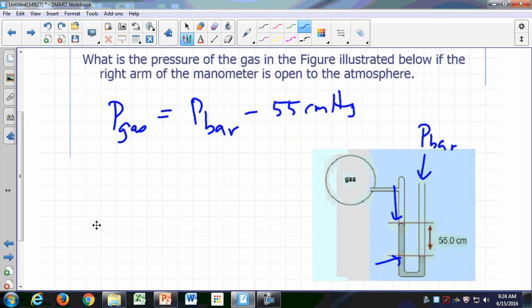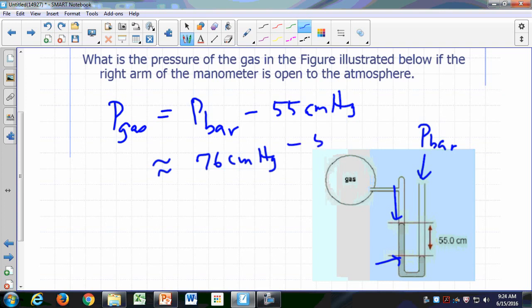Do we know what the barometric pressure is? We don't, but we can approximate it. If you want an approximation here, what's a barometric pressure typically? 760 millimeters of mercury, right? So in centimeters, that would be 76 centimeters of mercury. If it's not given to you, but you know that you're exposed to the atmosphere, then you can estimate the barometric pressure to be about 1 atmosphere, or 76 centimeters of mercury, or 760 millimeters of mercury.